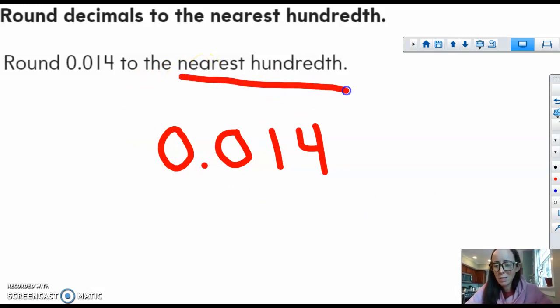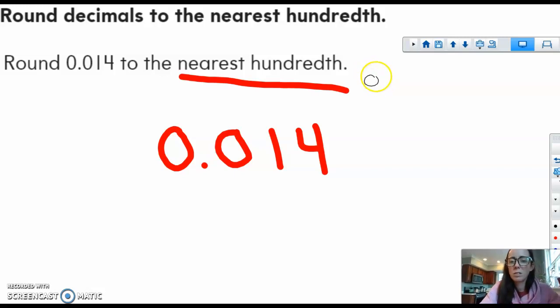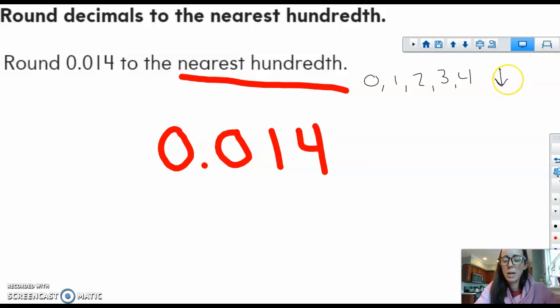So first of all, I need to think of my rule with rounding, in which digits are going to make numbers round up and which digits are going to make numbers round down. So the numbers are the digits, and I would jot these down. I'll do it in a smaller color. The numbers 0, 1, 2, 3, and 4 are going to make a number round down.